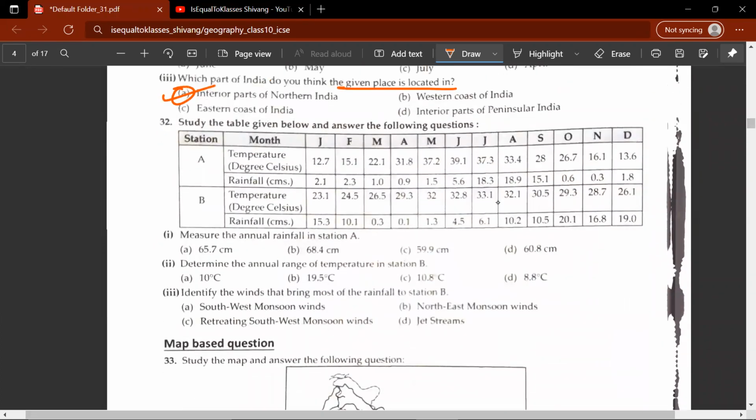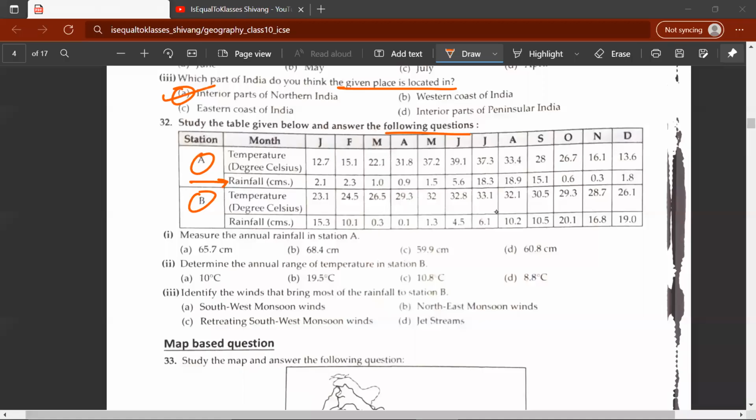32nd question. Study the table given below and answer the following questions. Okay, so you have station A and station B. Measure the annual rainfall in station A. Annual means total.